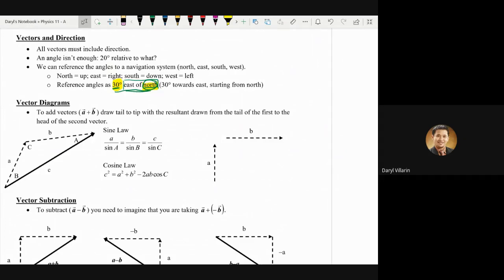If you're adding two vectors, well, this is okay, sine law and cosine law. But if you have three vectors, that means that somehow you need to resolve first the vectors into one vector before you can employ sine law and cosine law. So it's also your option, but this is only limited to two vectors added.